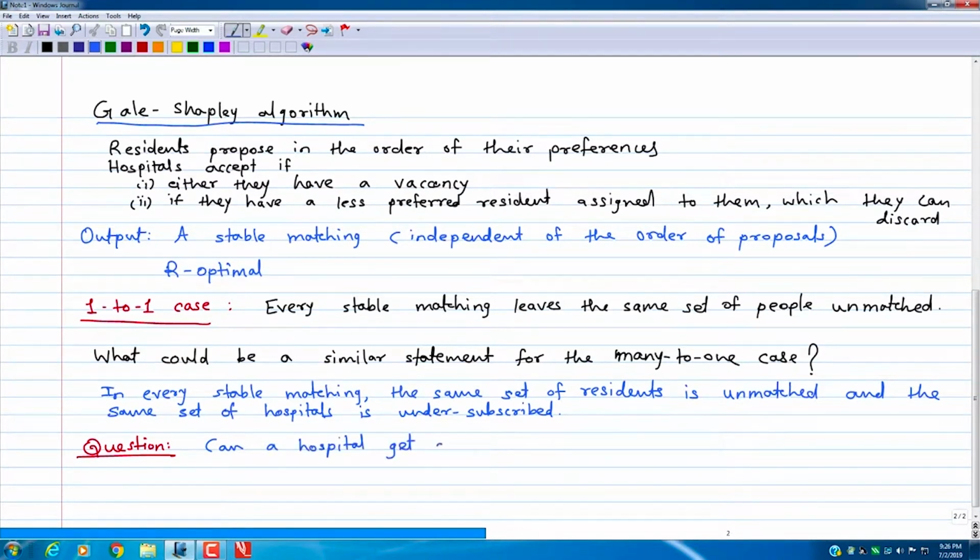Can a hospital get a different number of residents in different stable matchings? If no, then why do you think it should not be possible?